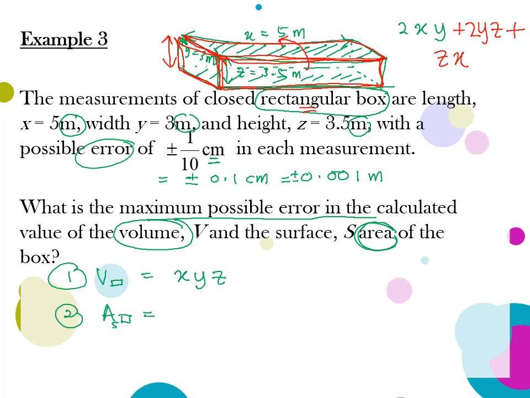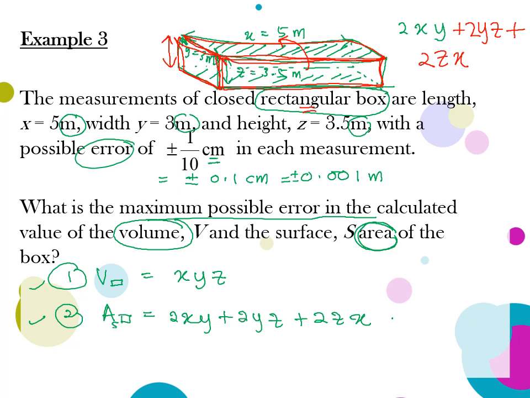So you need to multiply with 2 as well. So this is the area of the surface for your rectangle, which is equivalent to 2xy plus 2yz plus 2zx.